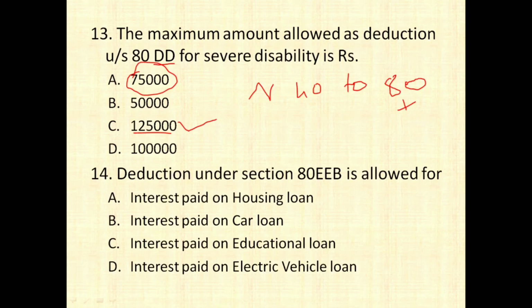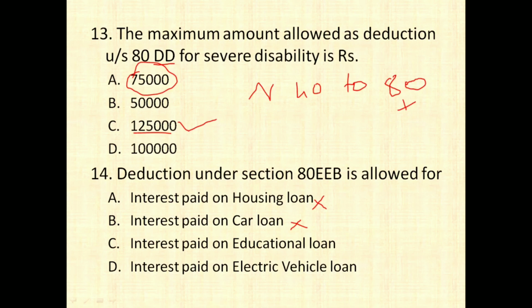The next question is: deduction under section 80EEB is allowed for. Now 80EEB is a new concept which was introduced last year in your budget. So what does 80EEB refer to? See, interest on housing loan does not qualify under 80EEB, it is under 80EE. Interest on car loan, we do not have any provision for this.